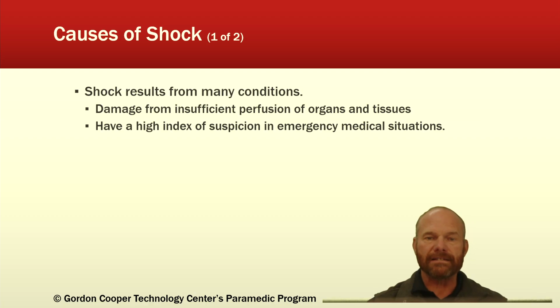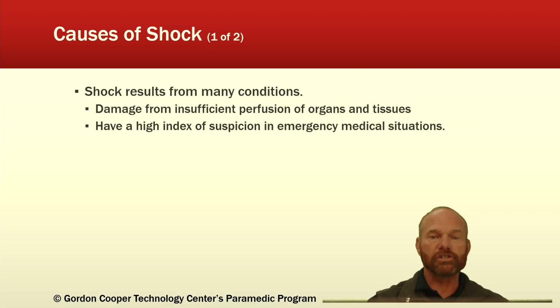As a paramedic, we need to maintain a high index of suspicion for shock in multiple scenarios, including massive external or internal bleeding. That significant blood loss can lead to hypovolemic shock. Multiple severe fractures or multi-system trauma as well can result in blood loss and subsequent shock.